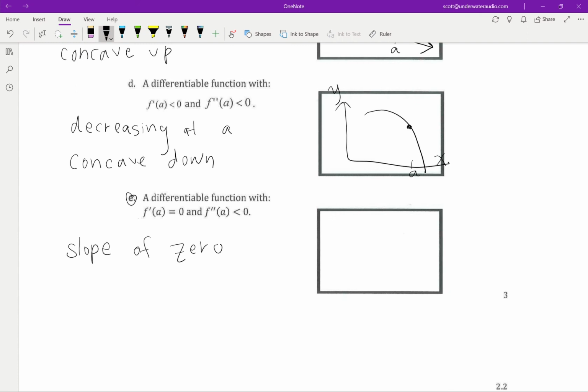And you know that it's, let's see, concave down. Okay, slope of 0 and it's concave down. Cool. Okay, let's pause there.